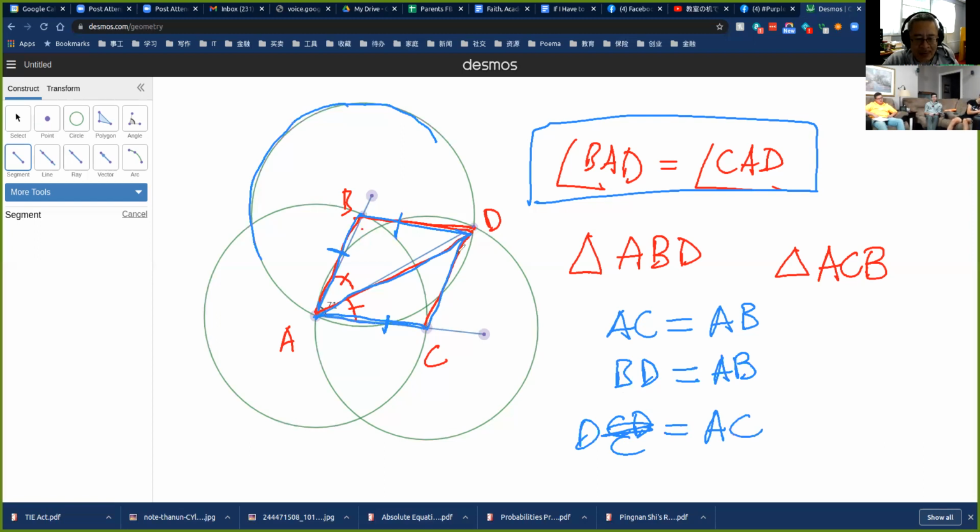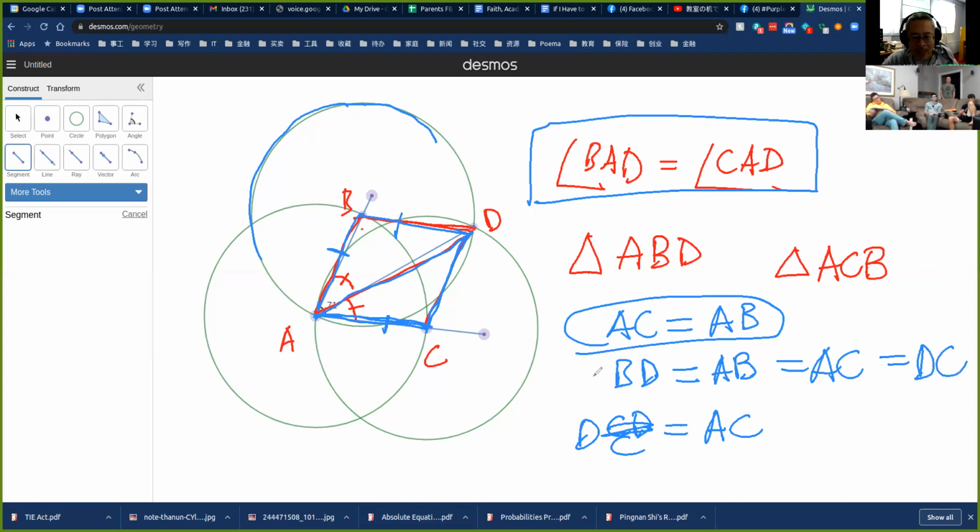Because both are radii of the same circle. Good. So therefore, AB is equal to AC, and we know BD is equal to AB, and AB is equal to AC here. So then AC is equal to DC. So therefore we get BD is the same as CD, right?